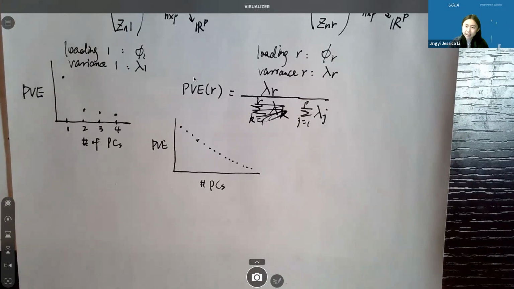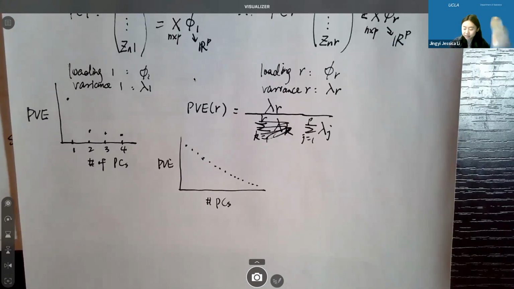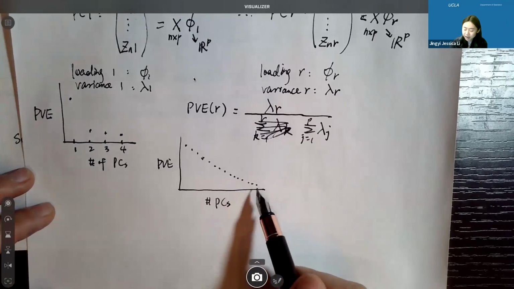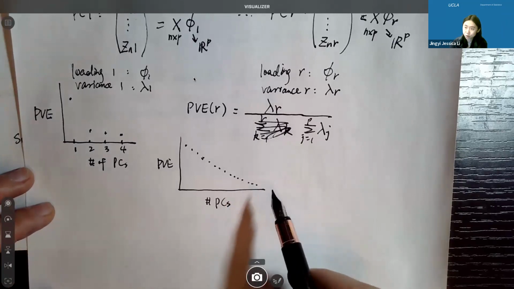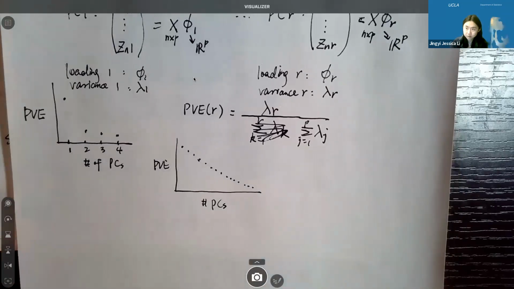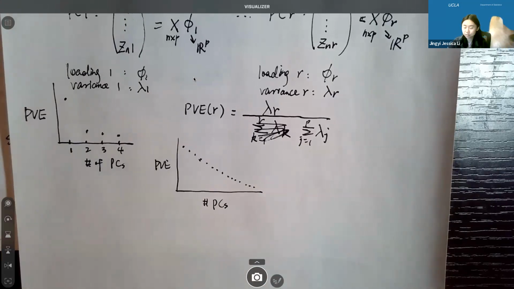If you check the literature, you can see there's some new work coming out about how to find the number of PCs, what they consider a reasonable PC, and how you can call some of the eigenvalues as coming from noise instead of real biological signal. I think this is a very interesting problem. If you want more understanding of it, there's a field called random matrix theory that specifically studies the eigenvalue distribution of random matrices.